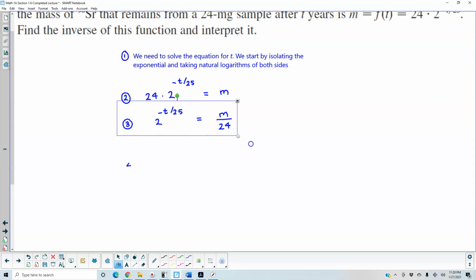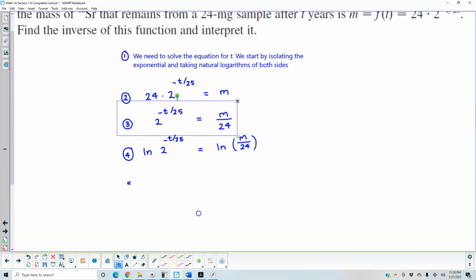So for step 4, we're going to take the natural log of 2 to the exponent of negative t over 25, and that's going to equal the natural log of m divided by 24. And now we have to use our logarithm properties.